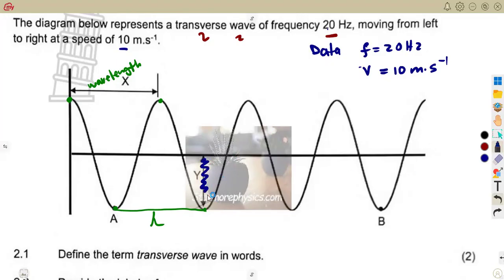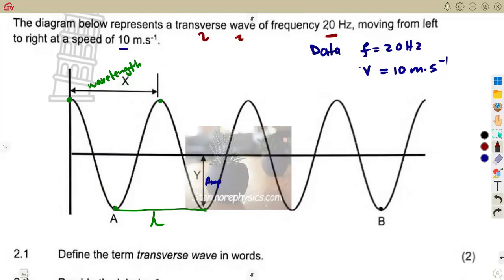Then we have this Y here, which is taken from the equilibrium position, or the position of rest, to this point. That is the amplitude. It can be from this point going up; that distance represents the amplitude.